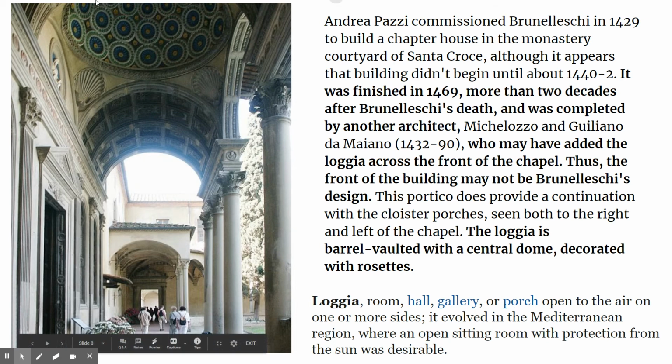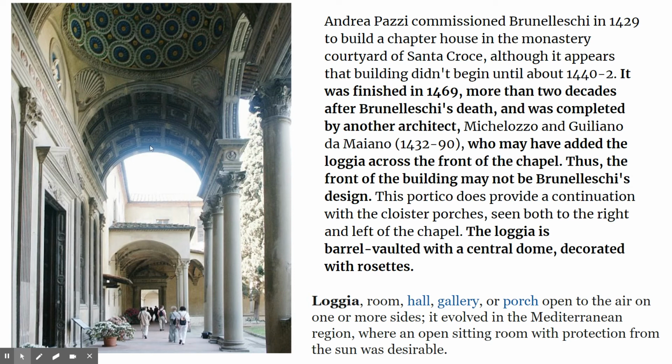So there is a loggia on the exterior. A loggia basically is a covered porch. Usually it's on the outside. There's a loggia, which should maybe remind you of parts of the Forum of Trajan, or the Athenian Agora.